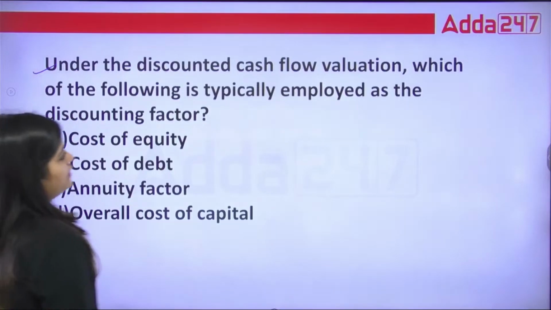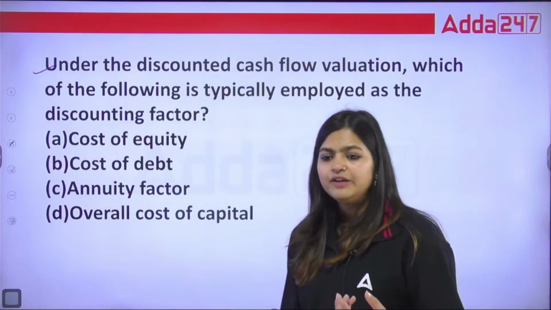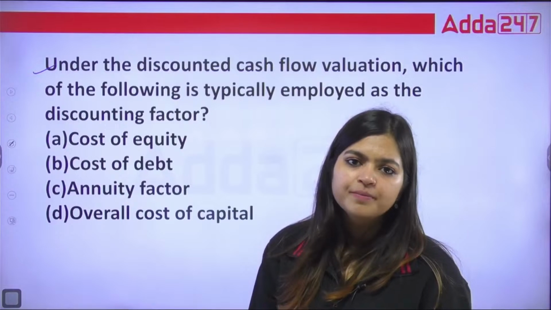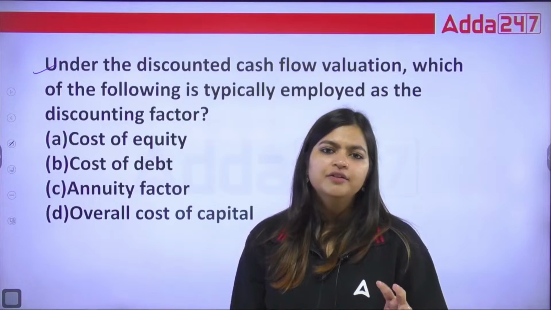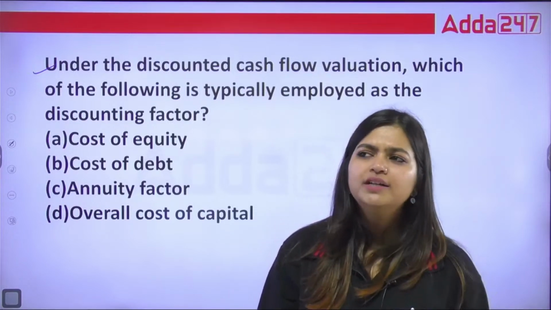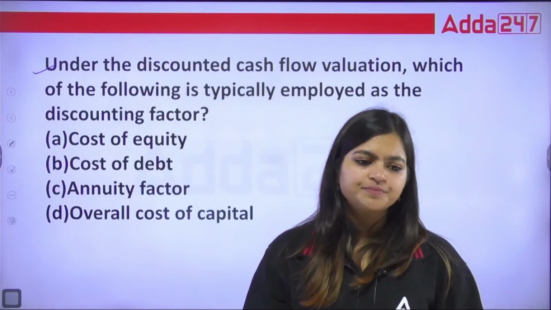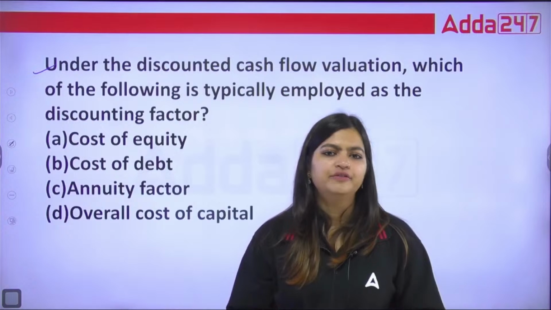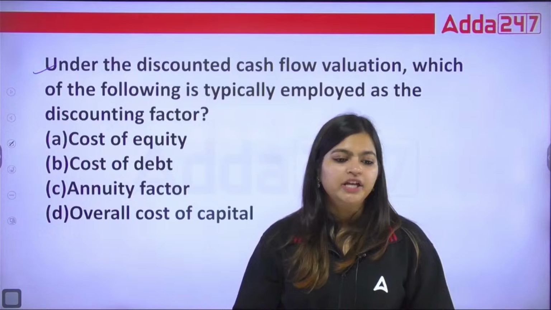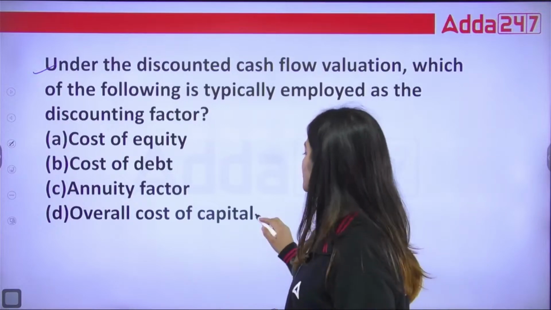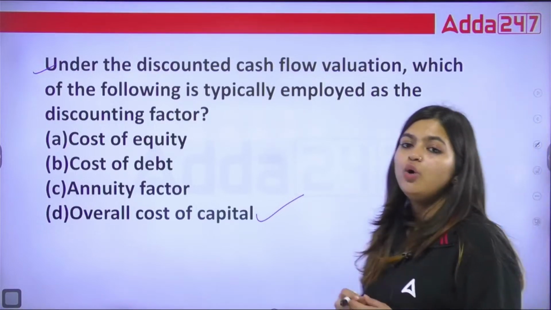They are saying, whenever we are calculating the cash flows, after solving the two methods, what type of factor do we use for the discounting? In that, we use the overall cost of capital. Remember this.